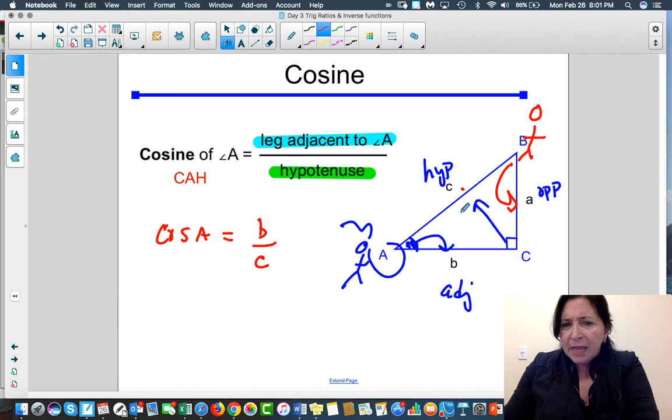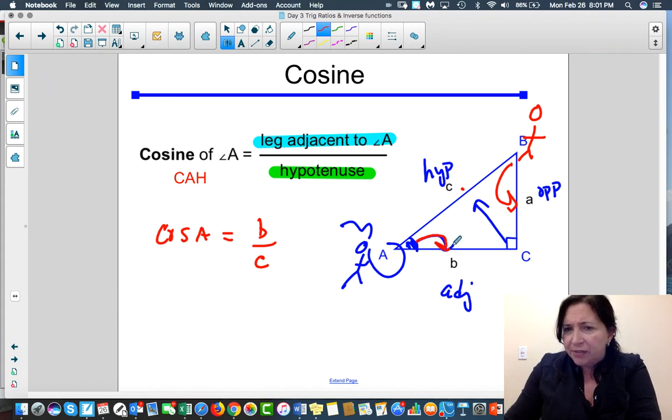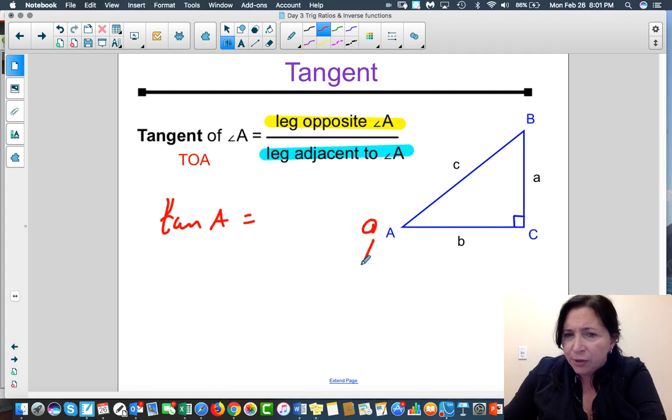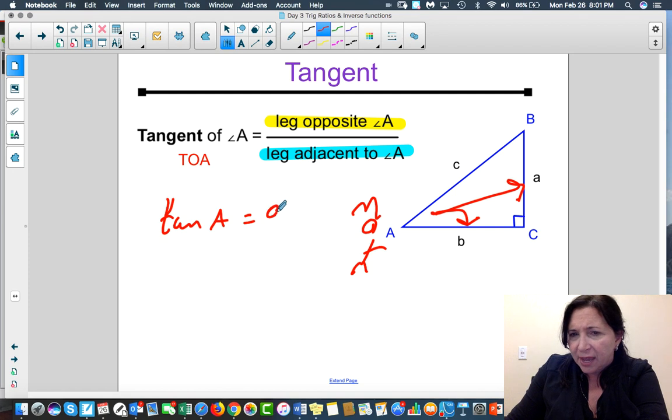Again, for cosine of angle A, that would be the adjacent side over the hypotenuse. Now for tangent of angle A, there you are, here again. Tangent is opposite over adjacent. So that's the opposite side over the adjacent side, so you would say a over little b.